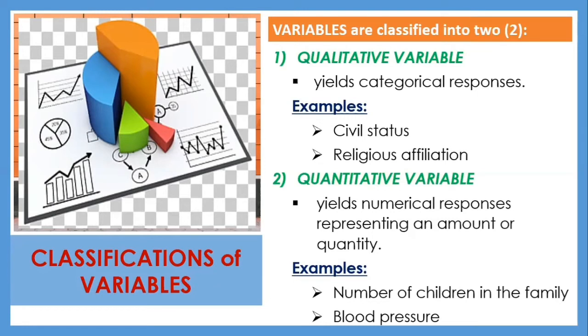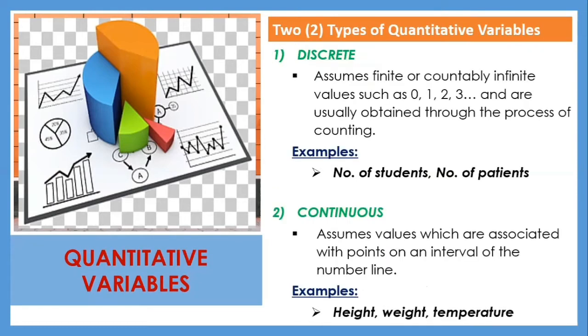For example, number of children in the family, blood pressure, and a lot more. And there are two types of quantitative variables. First, we have discrete quantitative variables, and second, we have continuous quantitative variables. So what's the difference between the two?